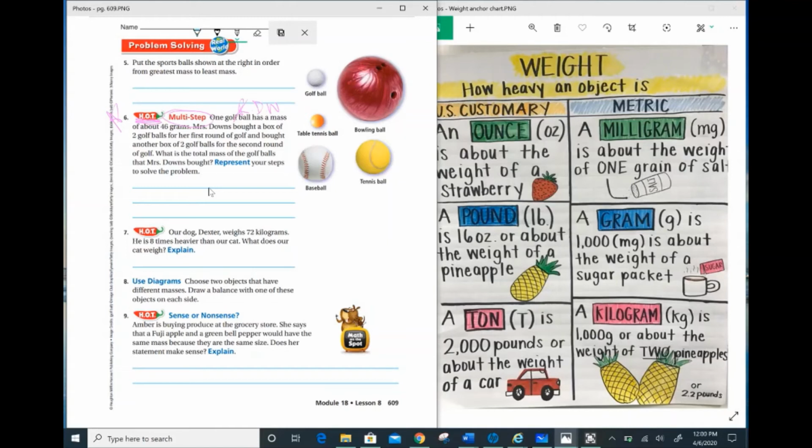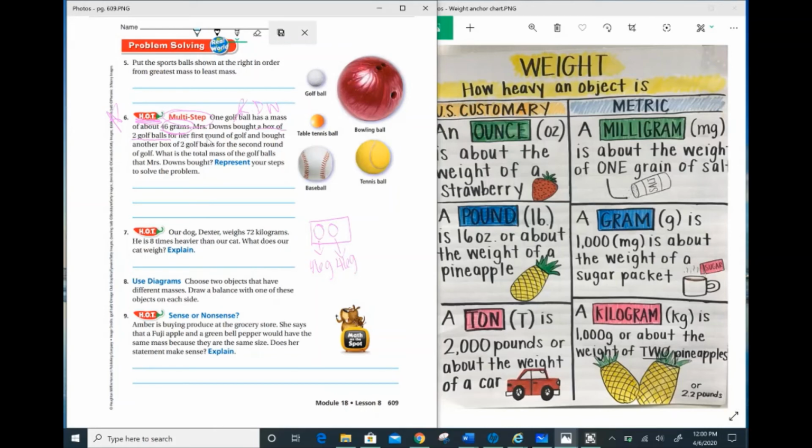Now, the first thing I know she did was she bought a box of 2 golf balls. So I'm going to draw a box of golf balls, and there's 2 golf balls. Now, I know that each golf ball is 46 grams. So I'm going to write 46 grams, and this one's also 46 grams.